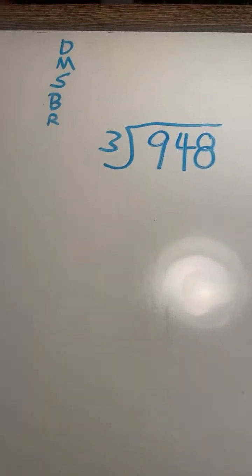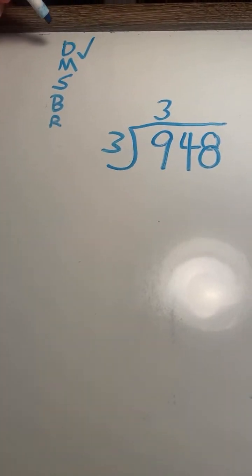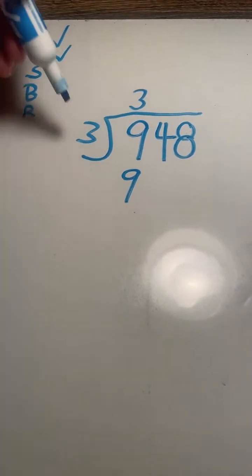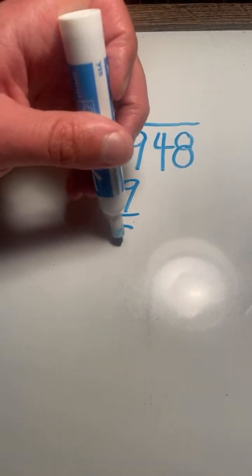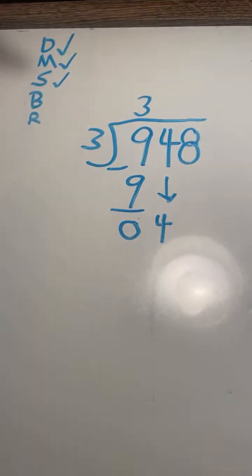9 divided by 3 equals 3. We divide. Next, we multiply. 3 times 3 equals 9. Next, we subtract. 9 minus 9 equals 0. Next, we bring down. That 0 becomes a 4.